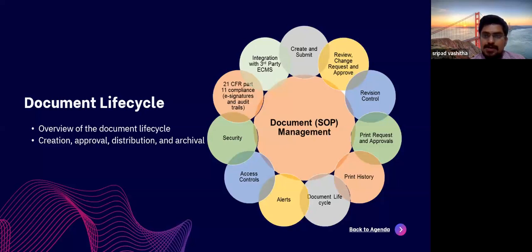You create a document, you review it or based on a change request, and then you approve it. There would be revision control, why it was revised. Then print request and approval. That means if someone has requested to print a document, there would also be data which says who printed it, when, and how many times it was printed, for how many copies. We could term it as print history.